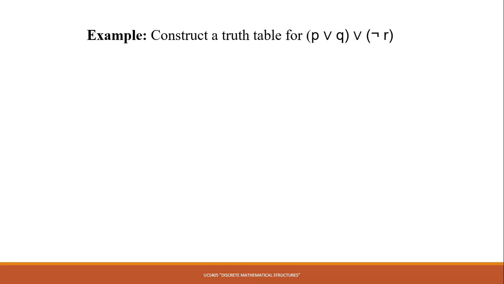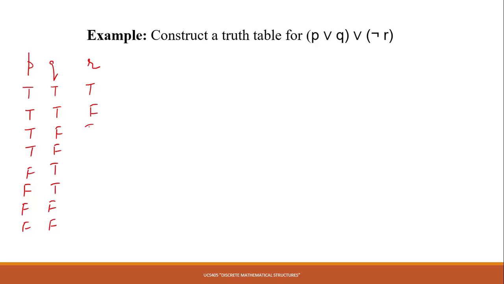Let us take another example. Here we have 3 variables P, Q and R. So we will have a total of 2 raised to power 3, that is 8 possible combinations. We are writing all 8 possible combinations, where T represents true and F represents false.